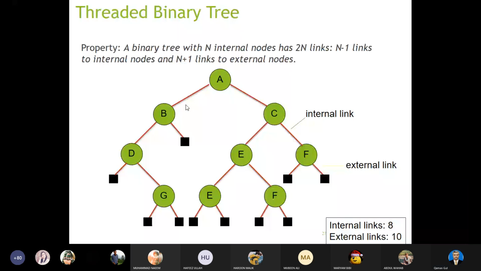then study the statement: a binary tree with n internal nodes has 2n links. So if you count the links, how many links do you have here? 19?